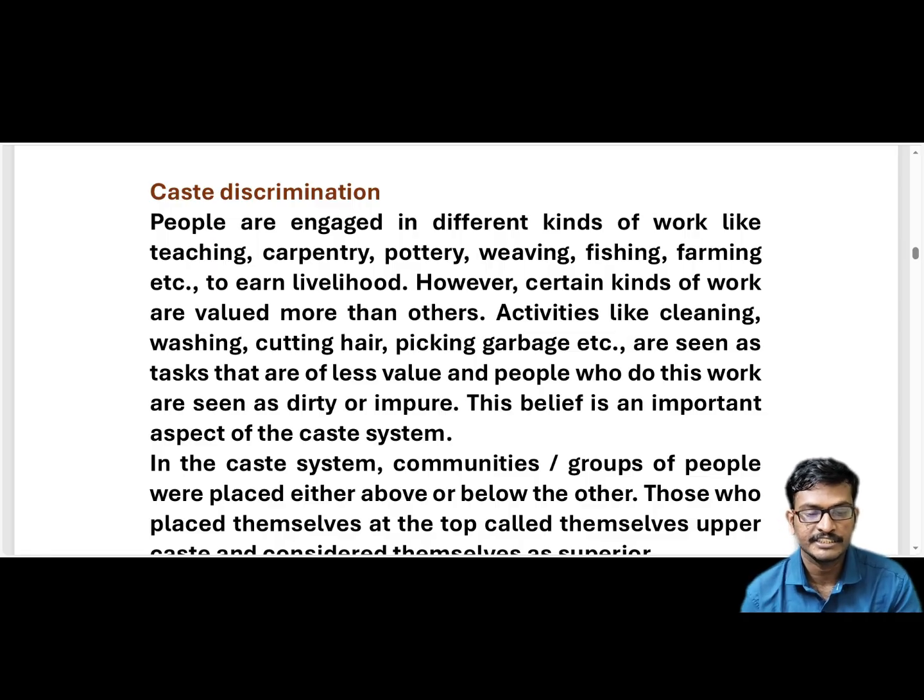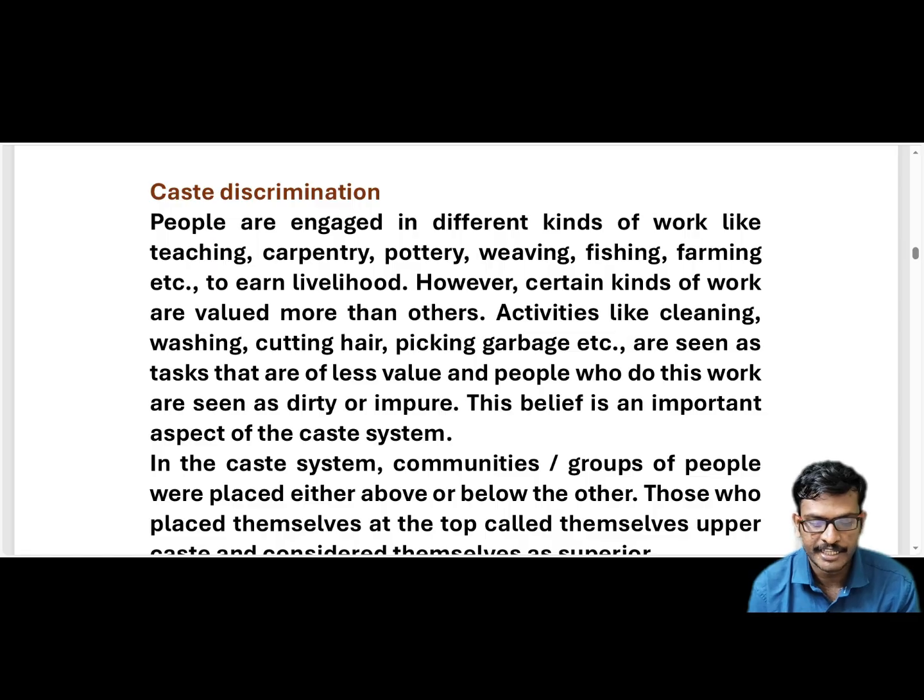Previously we discussed teaching and carpentry. Compared to other professions, these works are given less priority and less value, and based on this work they are treated as inferior and discriminated against. This is called caste discrimination.